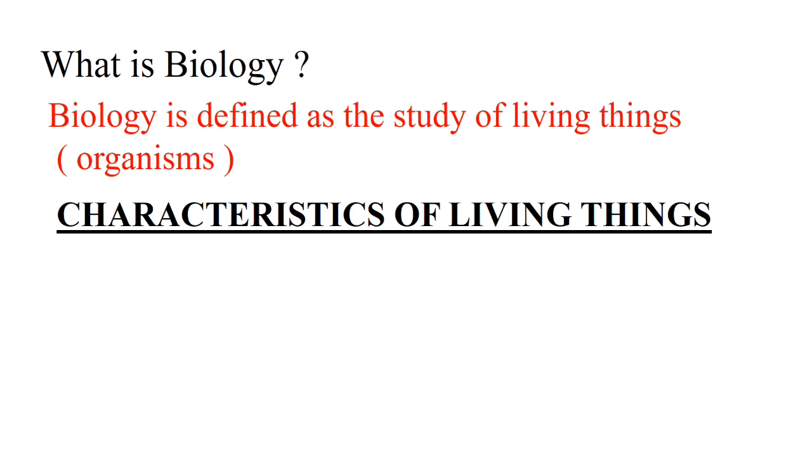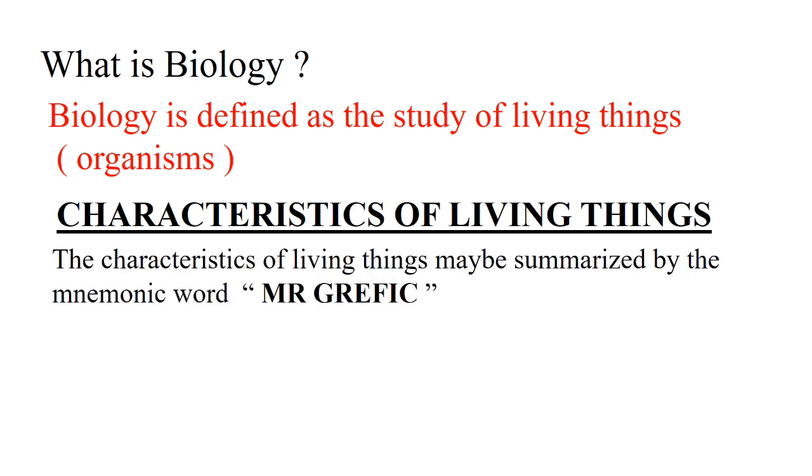So now we are going to look at the characteristics of living things. Since biology itself is the study of life, what are the characteristics of living things? They can be summarized by this mnemonic word, Mr. Graphic, which will help us to remember the characteristics of living organisms.